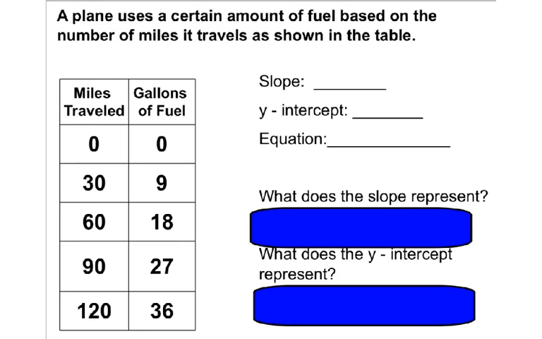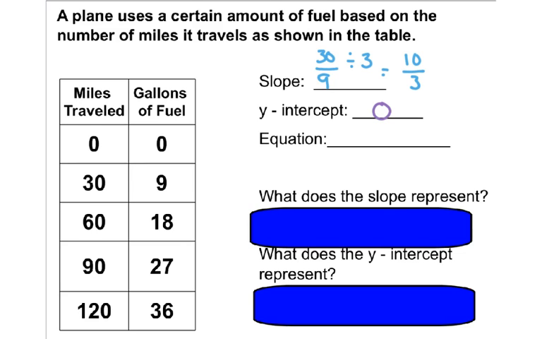So to find the slope, we would do 30 divided by 9. I'm going to reduce this by 3. So I get 10 over 3. The y-intercept would be 0 because we start at 0.